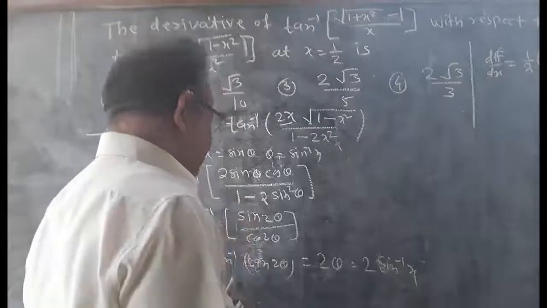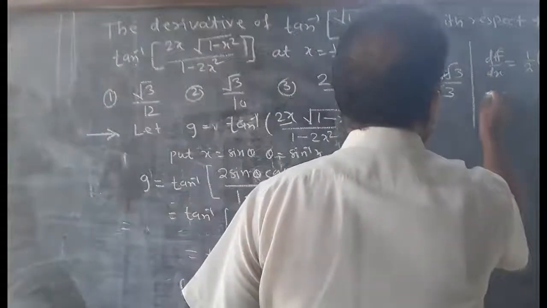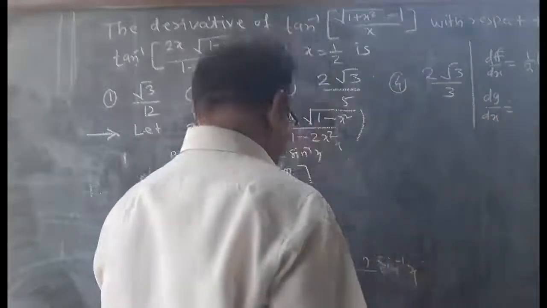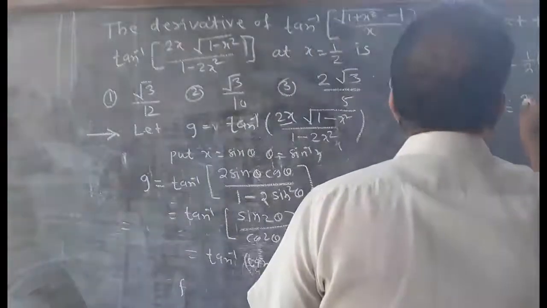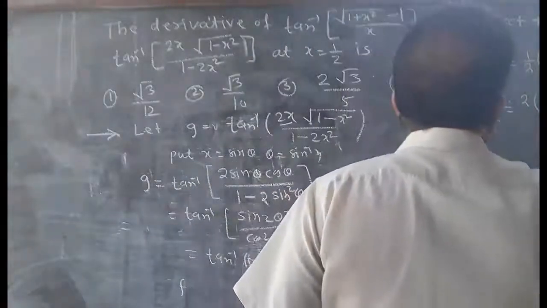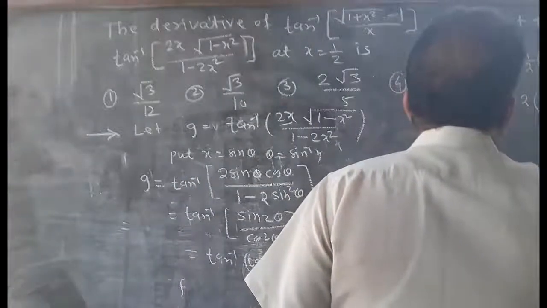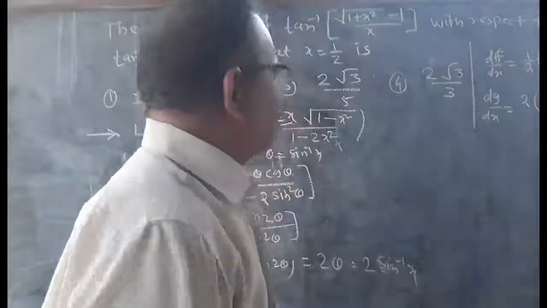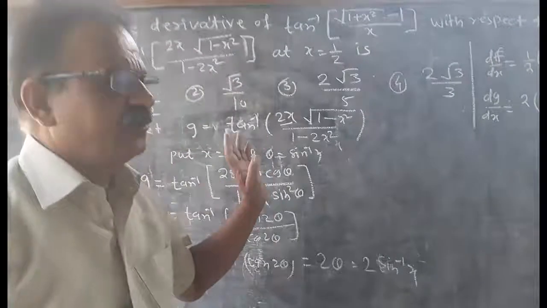Now, if we differentiate this, we will get dg by dx. dg by dx is 2 into derivative of sin inverse x. Derivative of sin inverse is 1 upon root of 1 minus x square. This is second. Now, we have to differentiate the function f with respect to g.